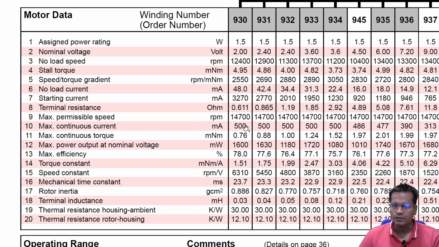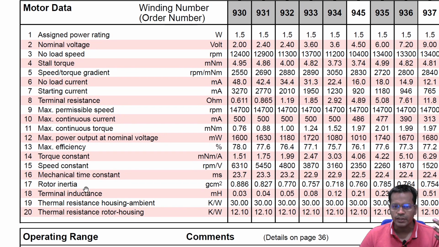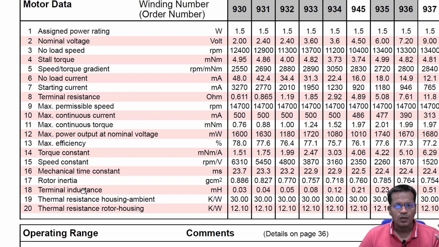Thermal resistance of the coil is given. We will come back to this data sheet once again, where these parameters are also used. Even the moment of inertia is also given in this data sheet later. Okay, maximum efficiency, torque constant Km, the torque constant of this motor is given, speed constant is given, mechanical time constant, rotor inertia.